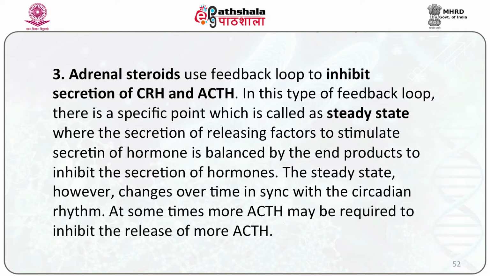In this type of feedback loop, there is a specific point which is called the steady state, where the secretion of releasing factors to stimulate the secretion of hormone is balanced by the end products to inhibit the secretion of the hormones. The steady state, however, changes over time in sync with the circadian rhythm. At some other times, more ACTH may be required to inhibit the release of more ACTH.